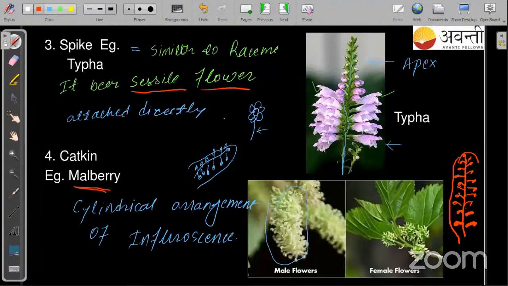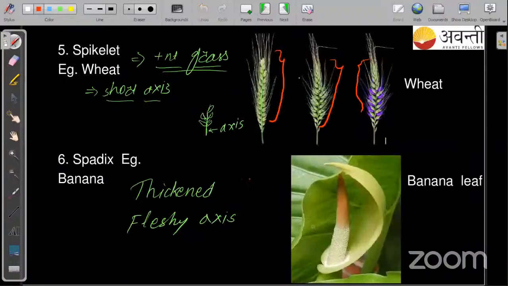This is the cylindrical arrangement. You can see it in this picture. Coming to the next, we discuss the spadix. In the spadix, the flower is thick.